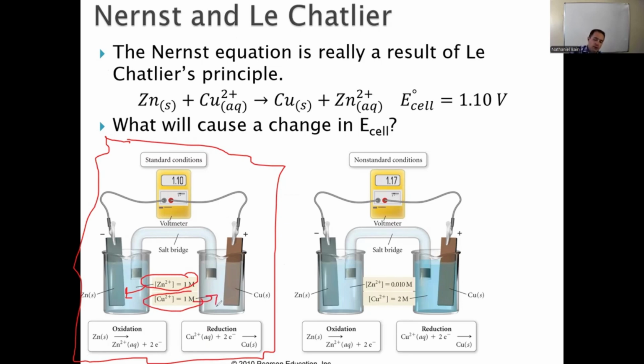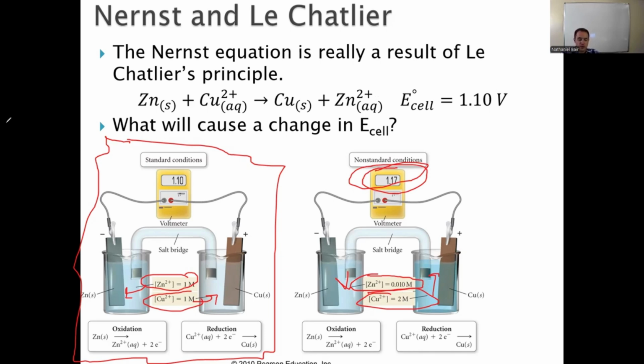So we have 1 molar concentration of our aqueous things, so that's standard conditions. If you look at this battery over here, you can see the zinc is 0.010 and the copper is 2 molar. So we've decreased the amount of zinc and increased the amount of copper. And if we do the Nernst equation correctly, we should get 1.17 volts.